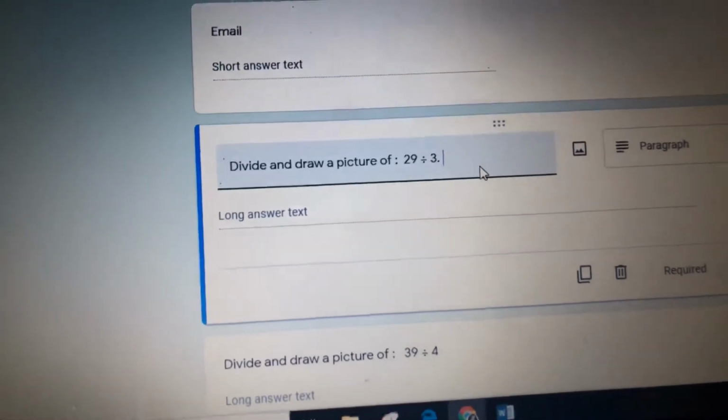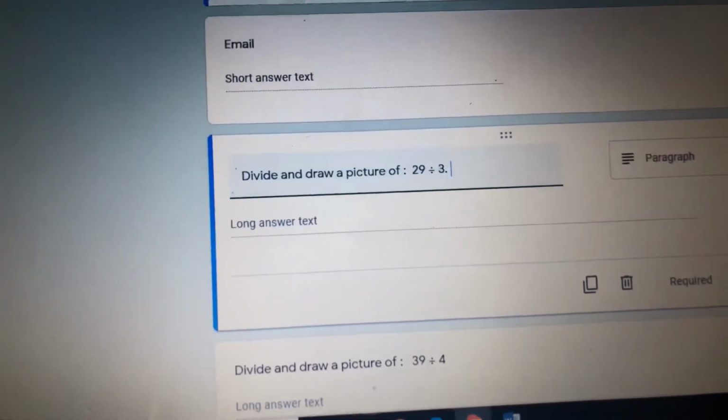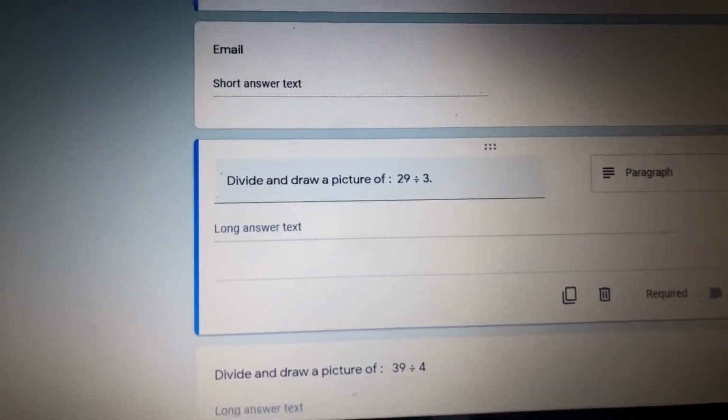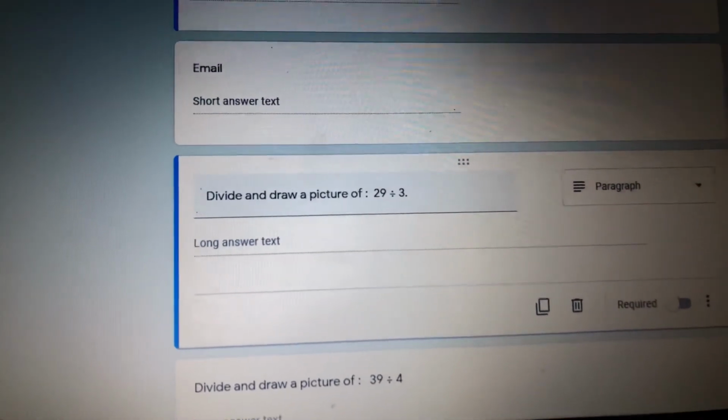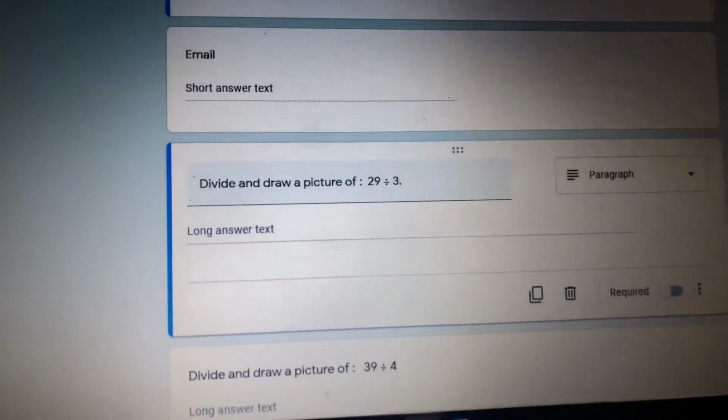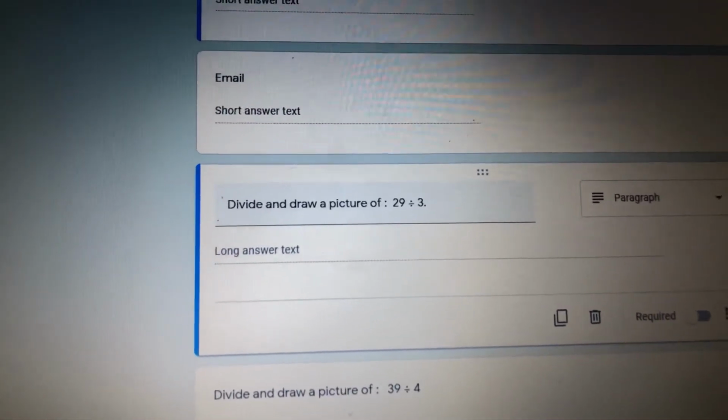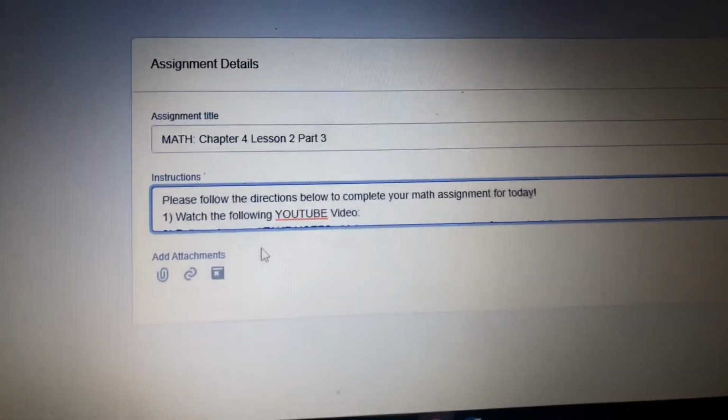But I do want to see what you did in terms of work. If you draw a picture, do it on a separate sheet of paper. Take a photo of that paper and submit it along with the assignment that I'm putting in today.